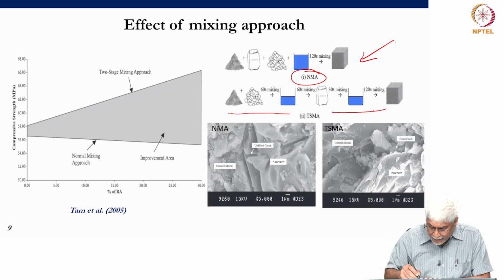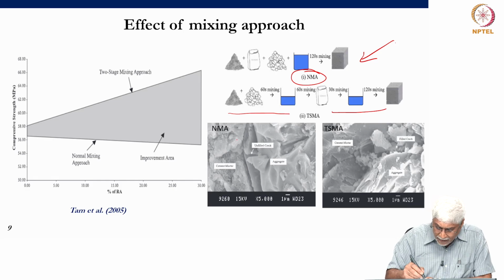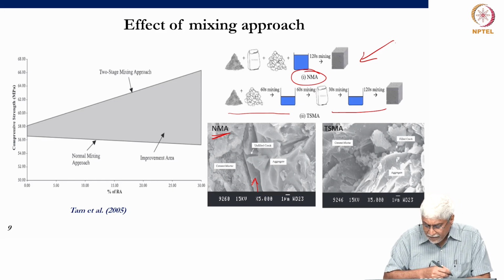In the microstructure images, we find that when we do the normal mixing, we could have some cracks in the interface that are not filled. Whereas if we do two-stage mixing, we are able to fill these cracks and pores.